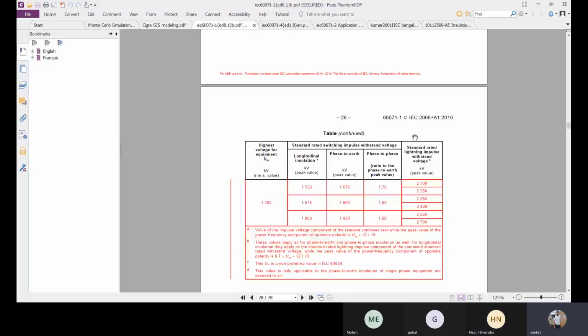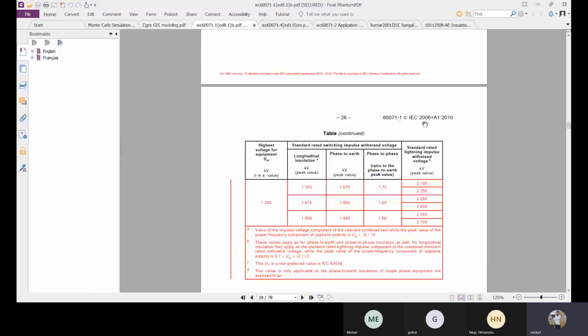Then what will be the ratio? My lightning impulse withstand voltage is 2700, and my highest rated voltage will be 1200. At that time, what is the ratio? It is only in the 2.25 ratio.